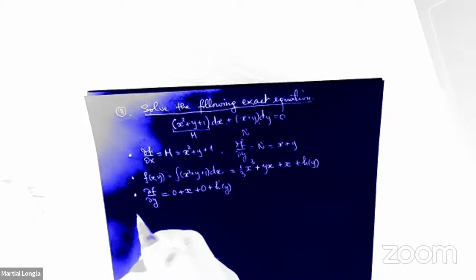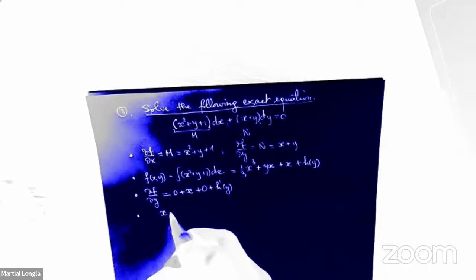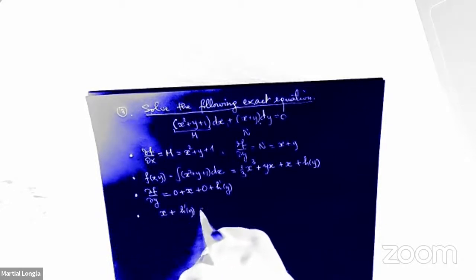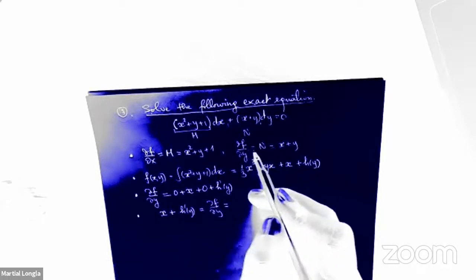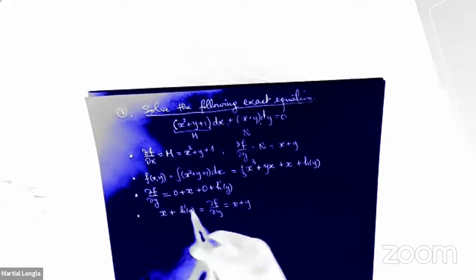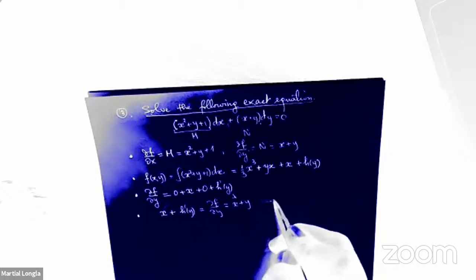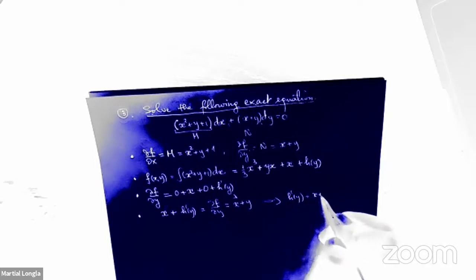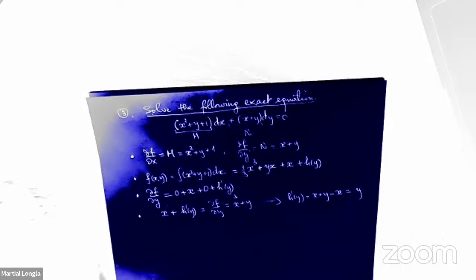Then put that equal to N. So you got x plus h prime of y. That's the derivative of f with respect to y, and the problem says that is N, and N is x plus y. So you solve for h prime of y, and find h prime of y equals x plus y minus the x that went to the other side, equals y.